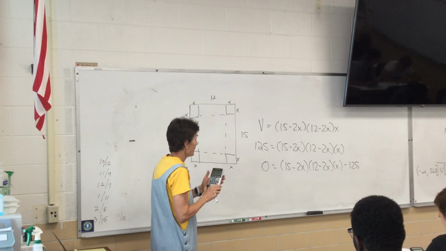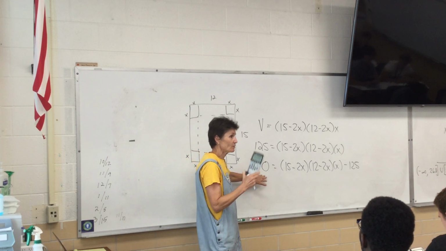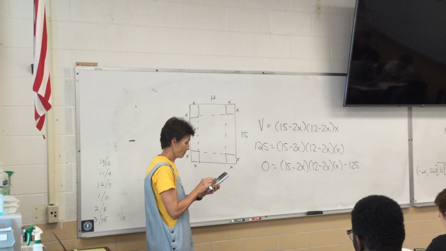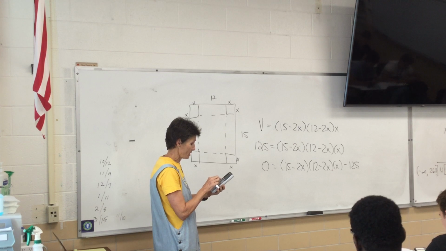By the way, I'm not sure what window to use here, right? You can try whatever you've got, but you may have to make some adjustments, because we've got some wild and wacky things going on.